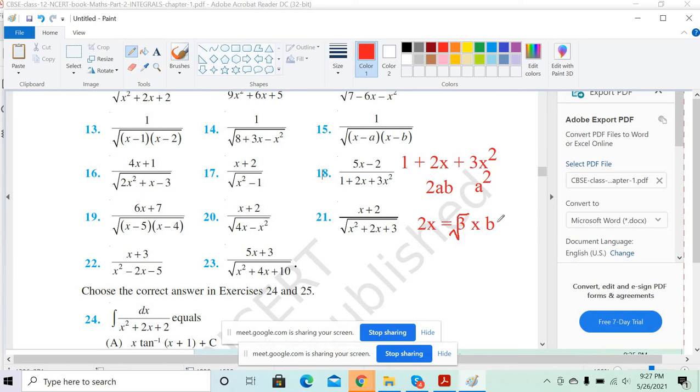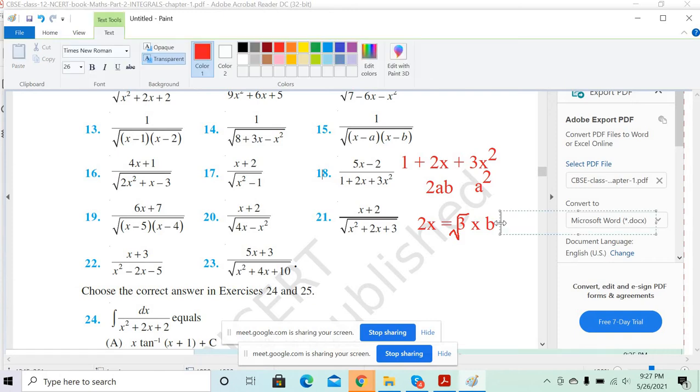Since a is root 3x, it has to multiply with the 2 into 2.